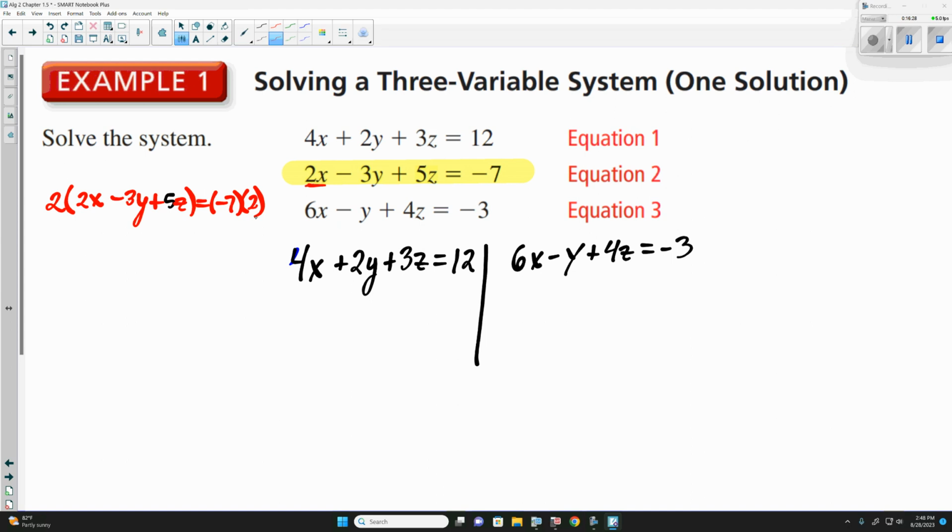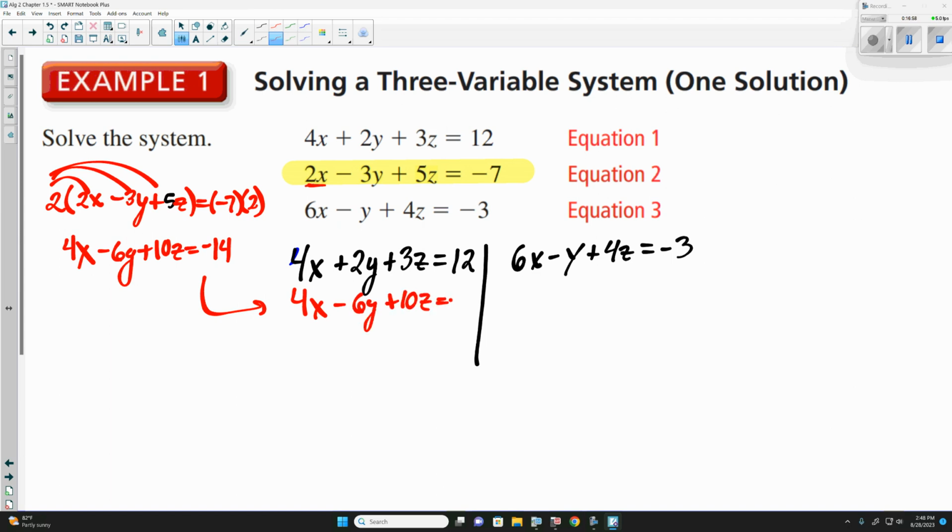Because when we multiply through by 2, 2 times 2x is 4x. 2 times negative 3y is negative 6y. 2 times 5z is plus 10z. And negative 7 times 2 is negative 14. We're going to multiply it all by 2 and then put it under that equation so that we get 4x minus 6y plus 10z is equal to negative 14.